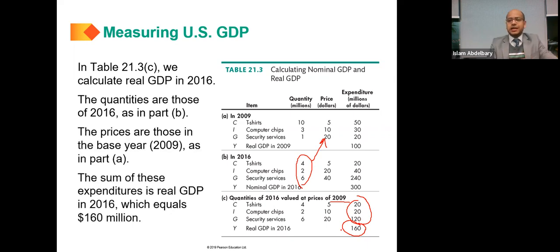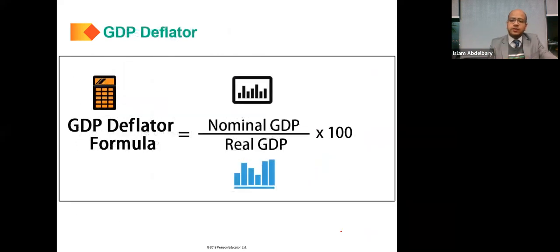So this is the second classification of GDP. The first one is domestic and national. The second one is real and nominal. The third one will be at the end of this lecture.